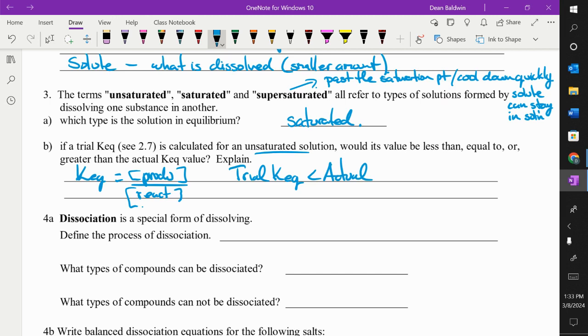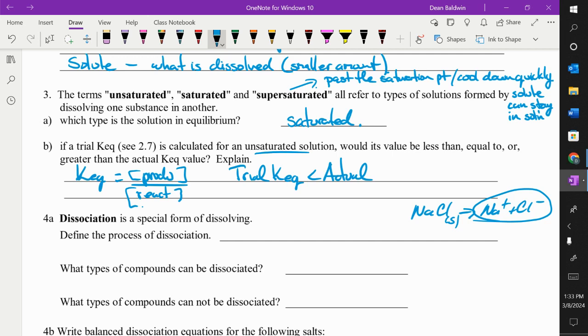If you're saturated, it's all this, right? You can't add any more of that into solution.